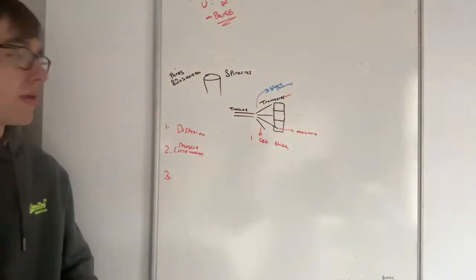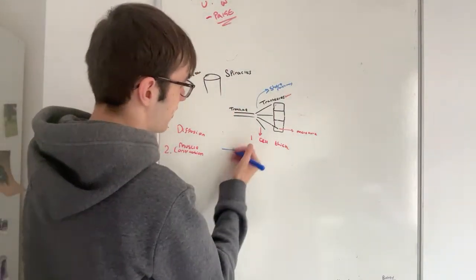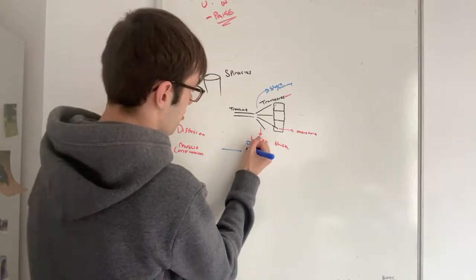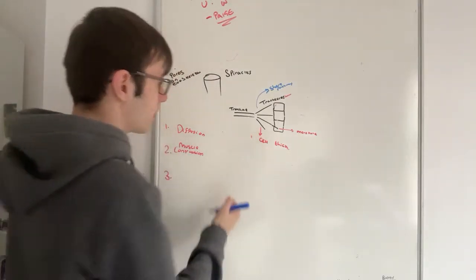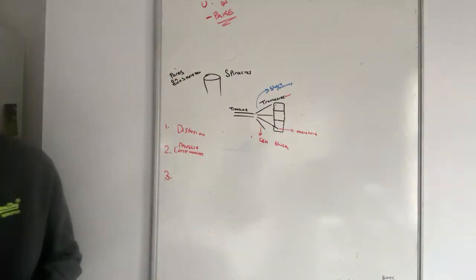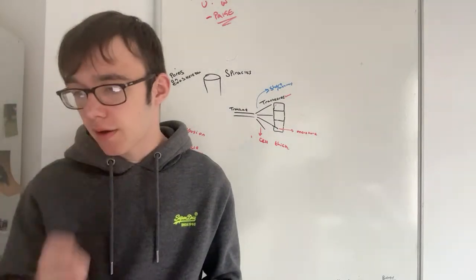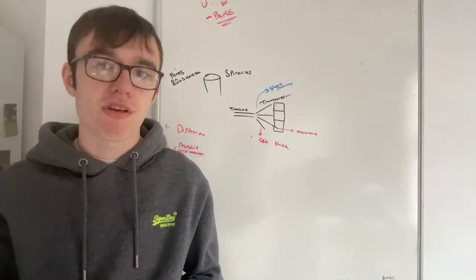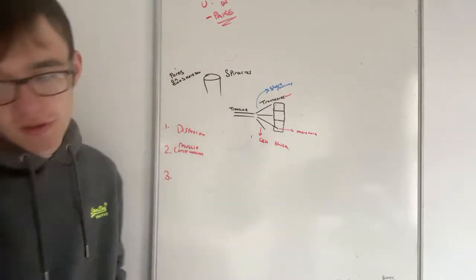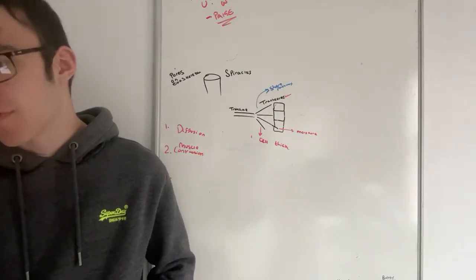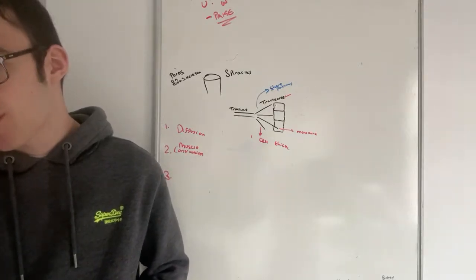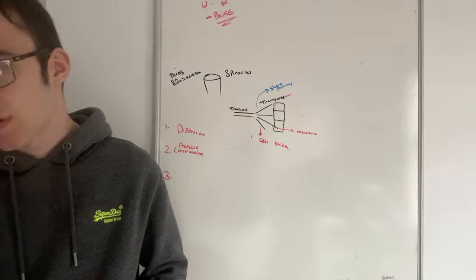Because yeah, if it was literally a single line, then how is it going to reach cells over here? You know, it needs to be highly branched. I get what they're implying. Highly branched, large number of tracheoles, so large surface area. Again, pretty obvious. The tracheae provide the tubes full of air, so fast diffusion.